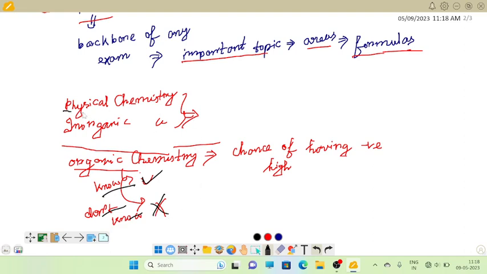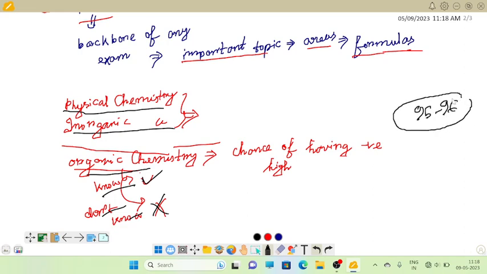Now I told you what I focused on in physical and inorganic chemistry. As I said, I had to give a little bit of credit to organic chemistry, because in physical chemistry this time the questions were a little bit difficult, so the cutoff is around 96 or 95, I think. I forget the cutoff. It's around this for general.